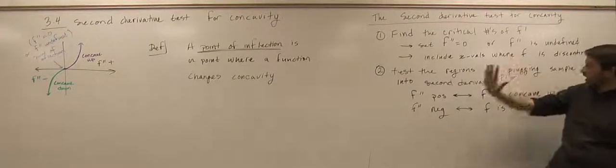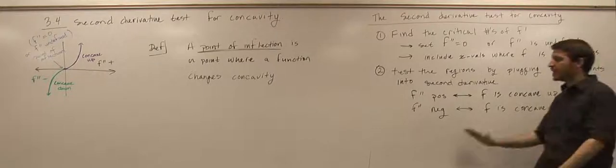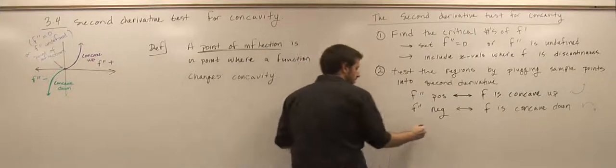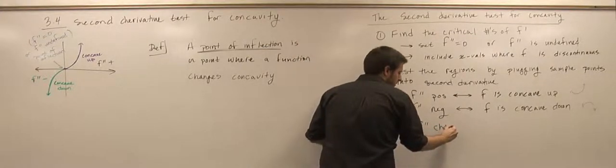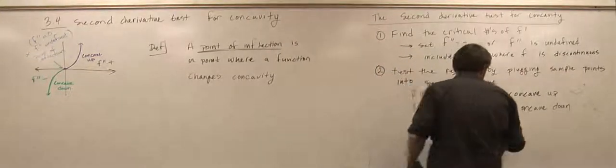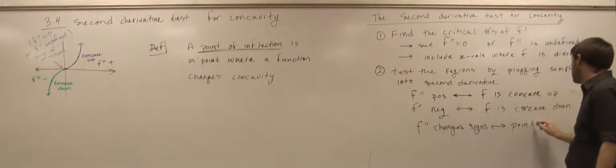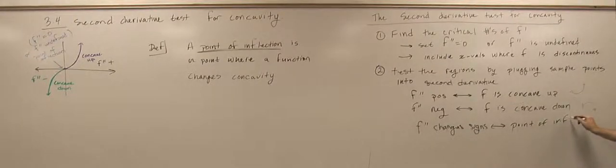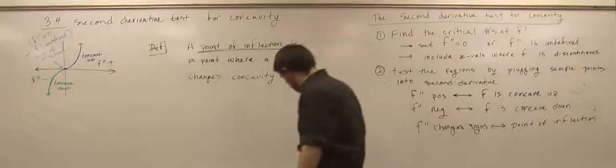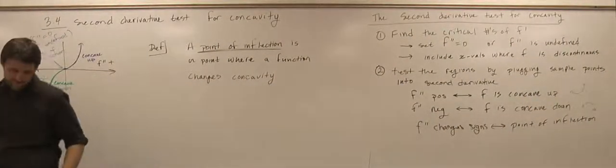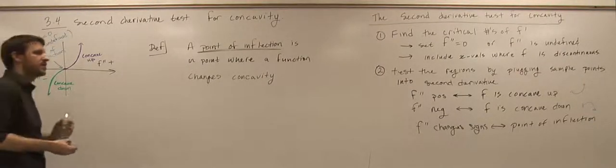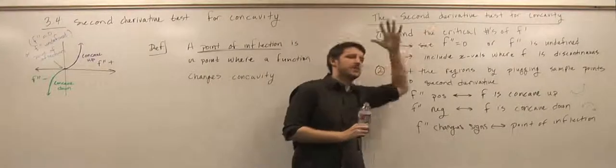And whenever you change signs at all, from positive to negative or negative to positive, you have a point of inflection. That's how you test for concavity. It's all the same stuff we were doing, except now we're dealing with the second derivative.